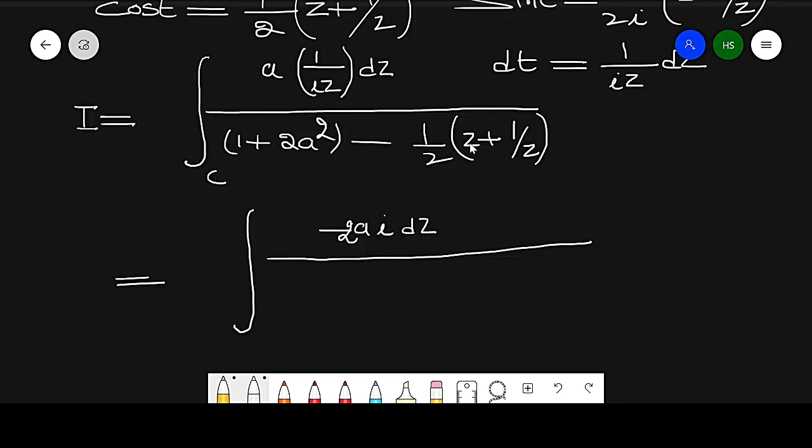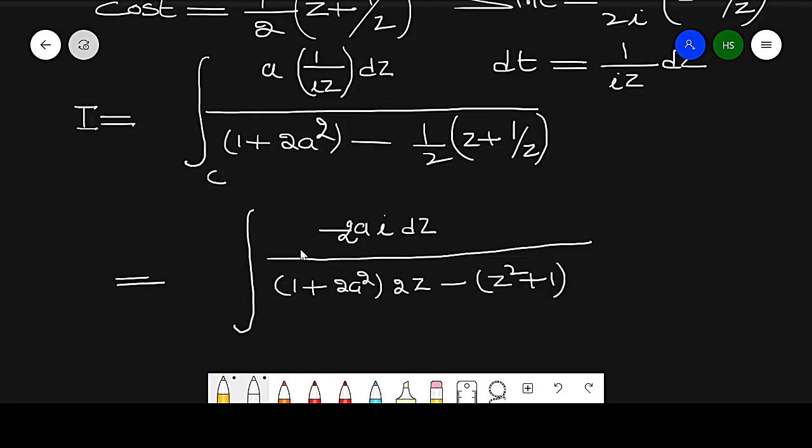So here it is z square, or here 1 plus 2a square into 2z, and minus this value is equal to z square plus 1.